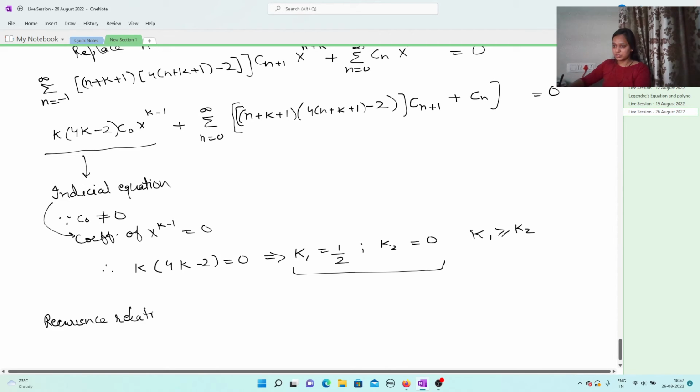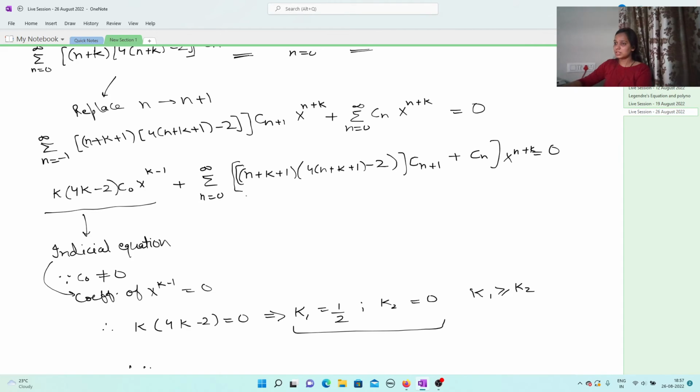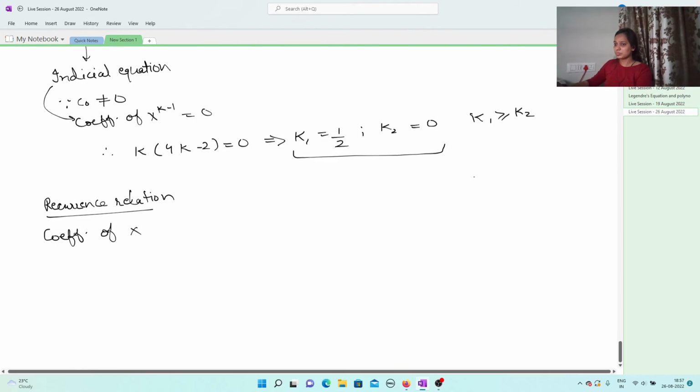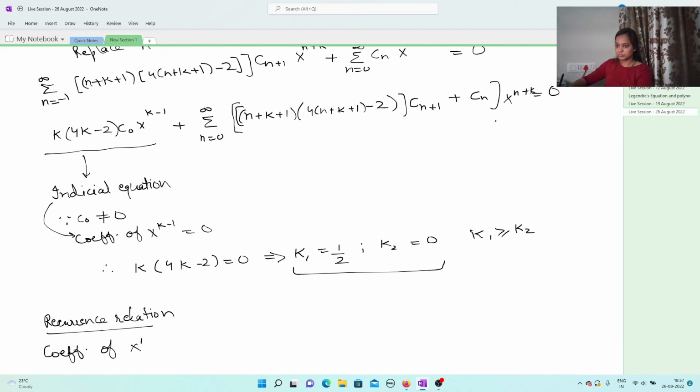For finding the recurrence relation, we have to equate the coefficient of x^(n+k), that is this entire term, to 0, and here n can be 0, 1, 2, 3 and so on till infinity.